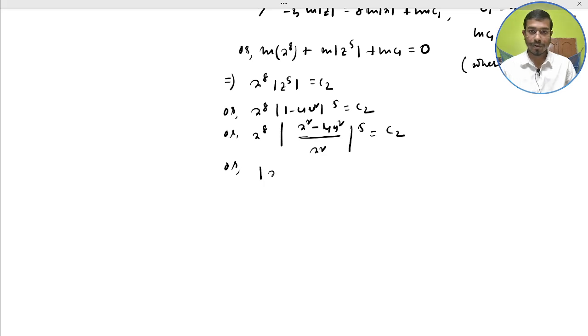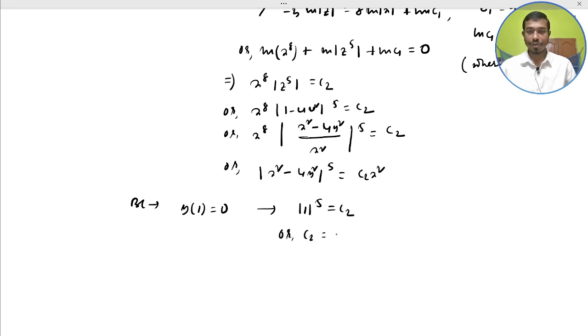Or it becomes mod x square minus 4y square to the power 5 equal to c2 x square. Just calculate. Given the boundary condition that y at x equal to 1 is 0, this becomes mod 1 to the power 5, which is c2, so the constant c2 would be 1.